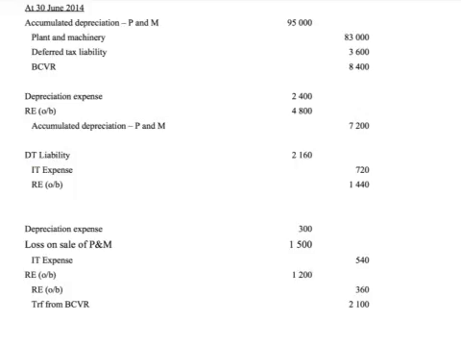Okay, this is the BCVR entries that we passed relating to the plant and machinery. First of all, the plant and machinery that we still owned and the one that was sold.